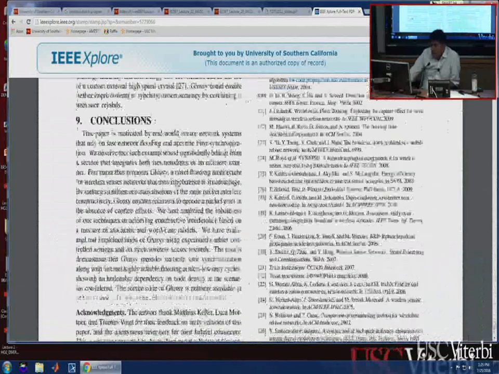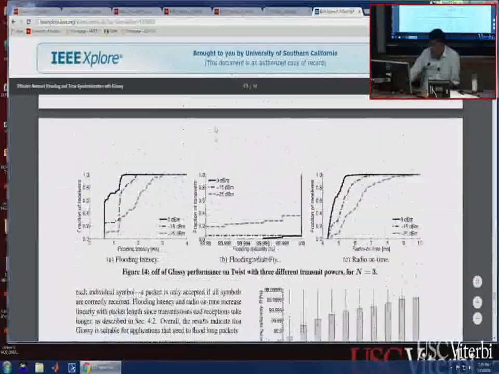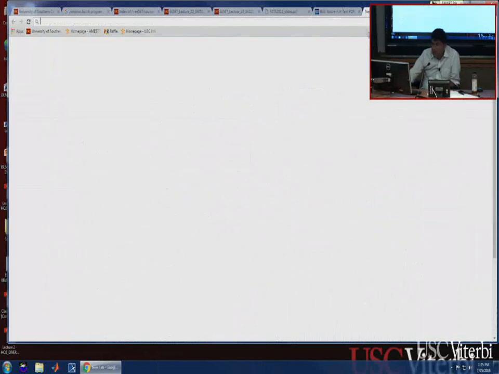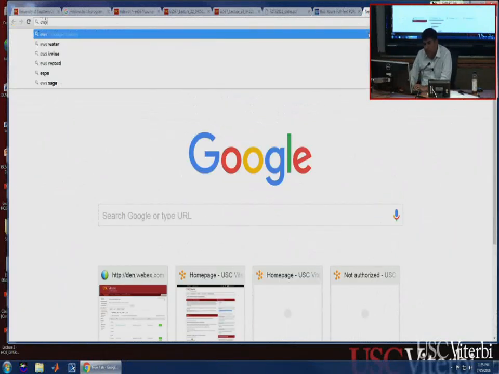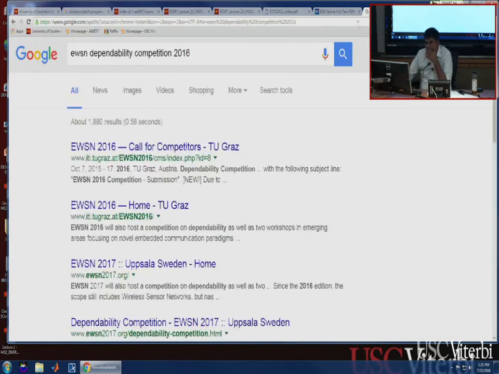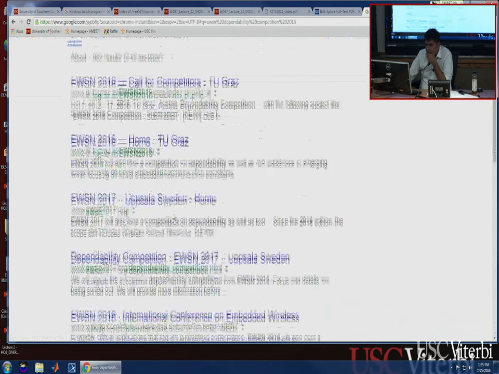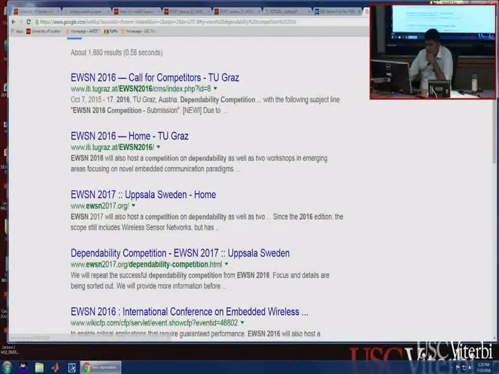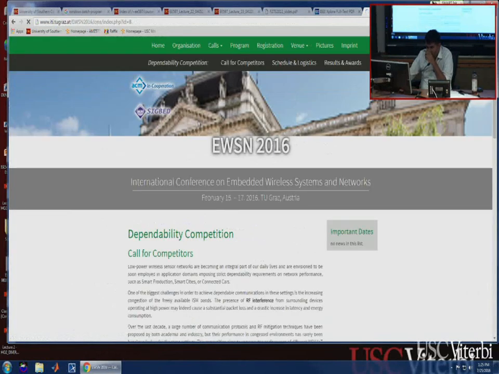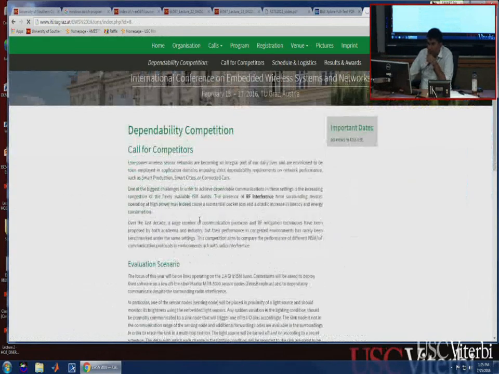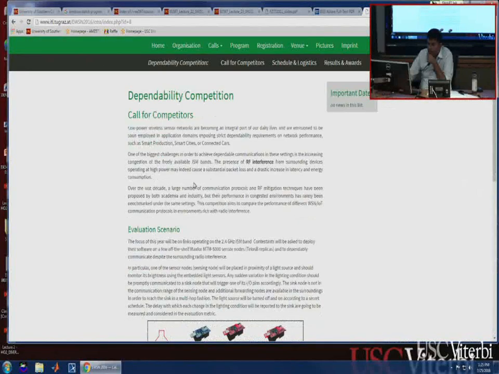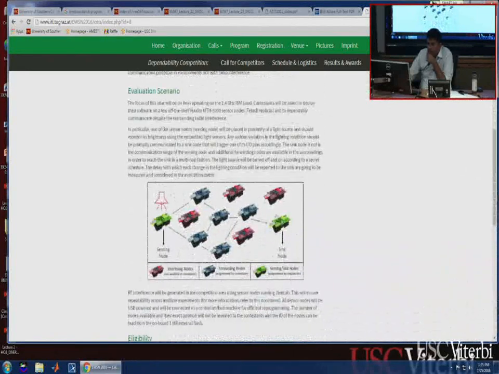An interesting side note about Glossy is that earlier this year, there was a competition they held at a conference called EWSN, and it was called the Dependability Competition. Let me kind of describe it to you here. So this is from their original call for competitors, where it was a competition.